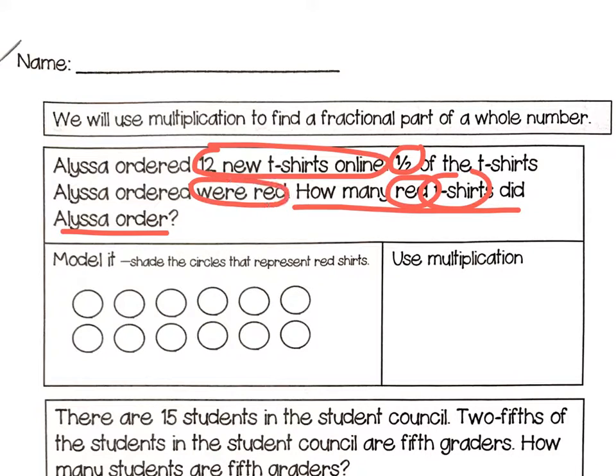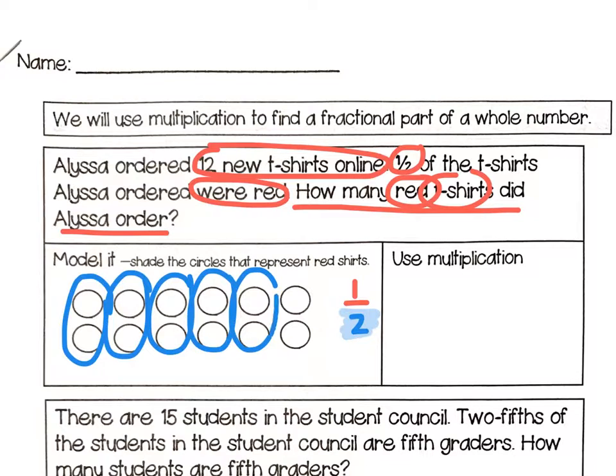were red. So what we want to do is, using the model, take our fraction, which is 1/2, and use the denominator to help us divide our 12 t-shirts into groups. My denominator is a 2, so I'm going to put 2 shirts in every group.